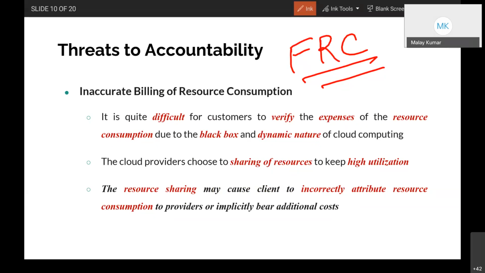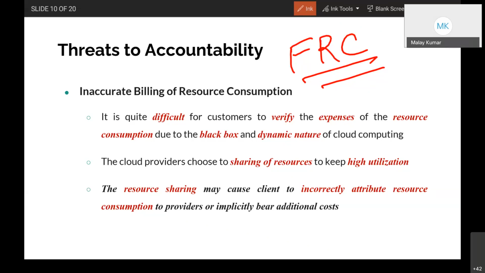This threat is, as you already know, that the pay-as-you-go model enables customers to decide how to outsource their business based on their necessities as well as their financial situation.